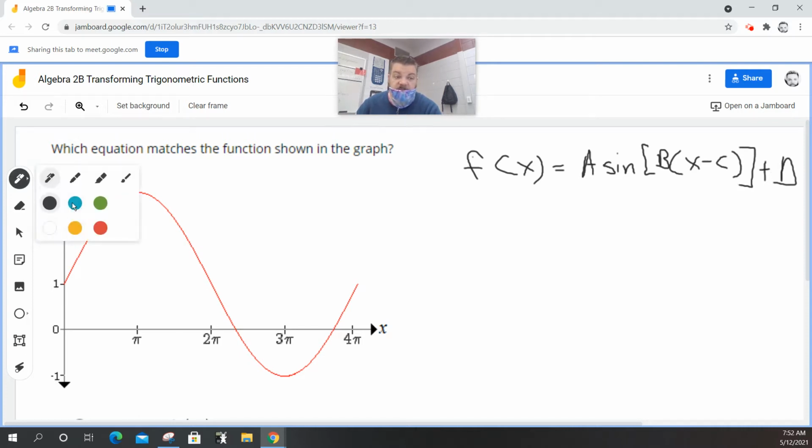So the first thing I notice is that it looks like the midline is y equals 1. So that means that we shifted up.